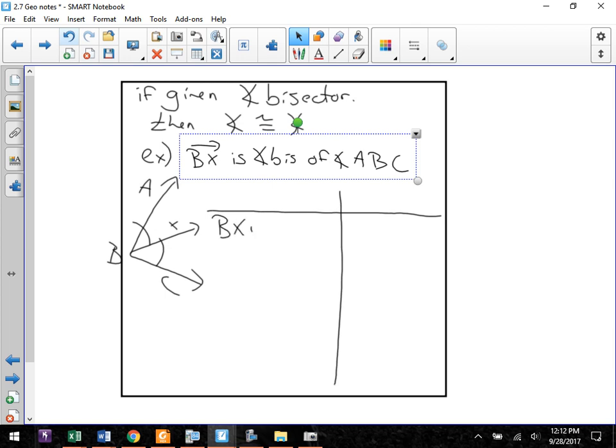BX is the angle bisector of angle ABC. That's given. Which therefore means, since according to my little generic diagram that we just drew, I can then say that angle ABX is congruent to angle XBC.